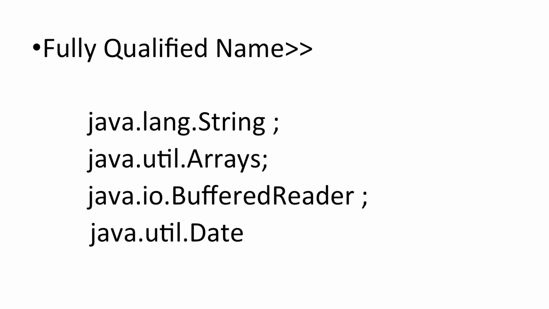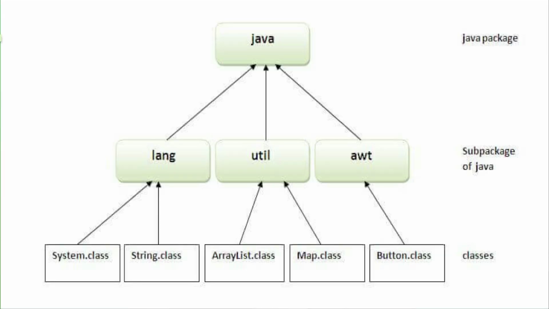L is also small case, and String is a class. As it is a class, it is in uppercase. So java.lang.String. In this, java, lang, both are package. Java is a super package, lang is a sub package, and String is a class. In the same way, java.util.Date. So Date is a class, java.util, both are packages.